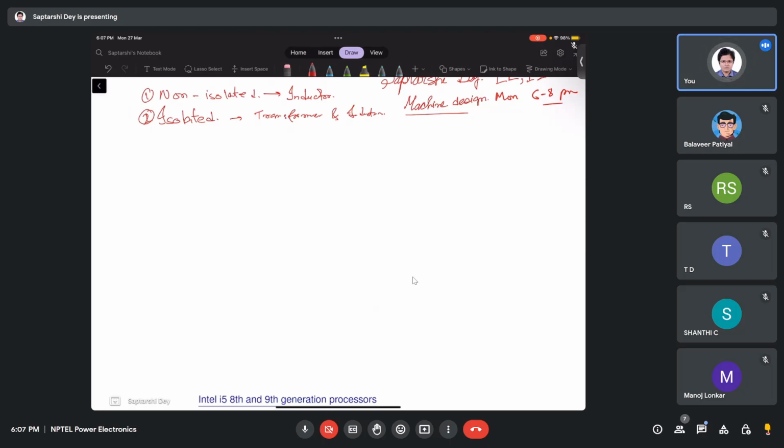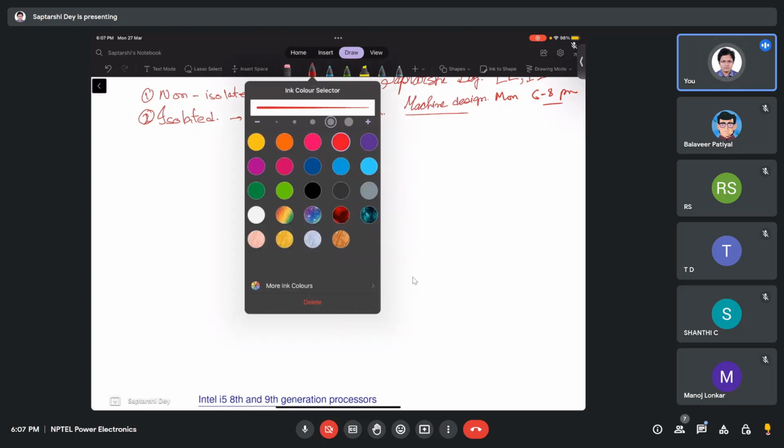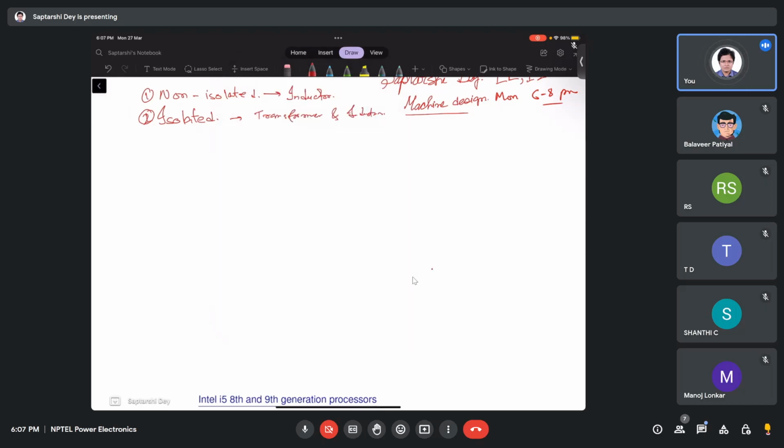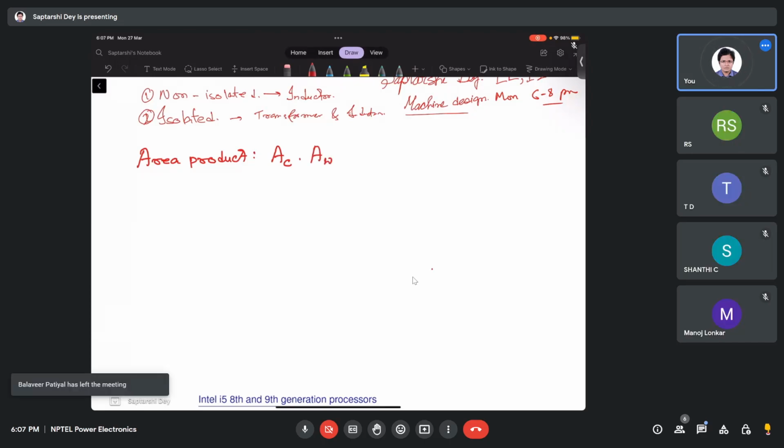Apart from what we discussed last week, one more systematic way of magnetic circuit design was discussed in the lecture, which is the area product. Area product is nothing but AC times AW.